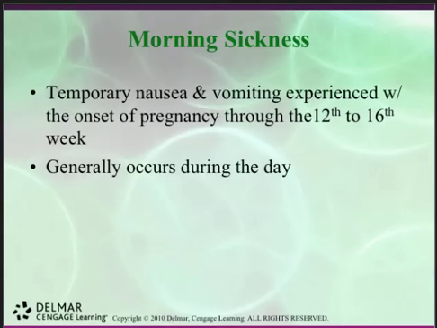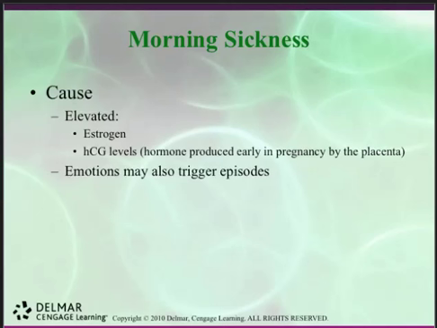Morning sickness is the temporary nausea and vomiting that's experienced with the onset of pregnancy through the 12th to the 16th week. It generally occurs during the daytime. The nausea and vomiting often occur first thing when you get up in the morning. The cause is often elevated estrogen and HCG levels, which is a hormone that's produced in pregnancy by the placenta in order to help maintain the corpus luteum in the ovary.